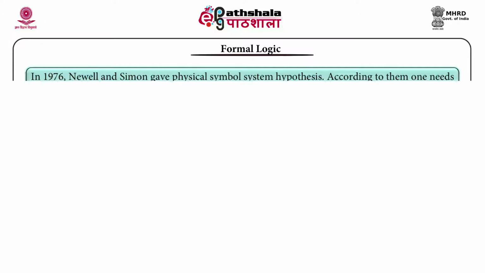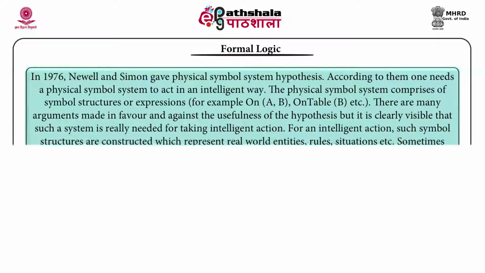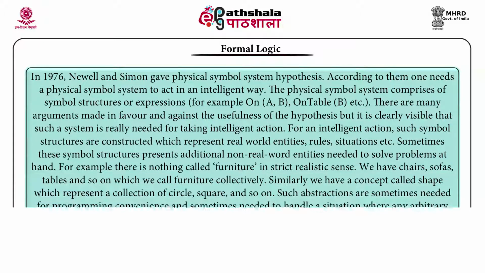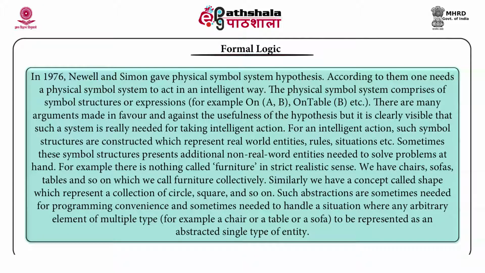We have seen the state space case, where we need to define the problem state and also define the rules, and we did something in the initial modules without really telling how exactly one can form this. Now we are going to discuss a formal method of representing statements and rules. The basis of this formal logic is something called symbolic representation.